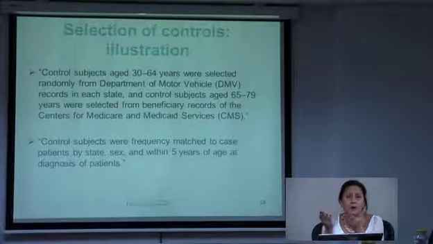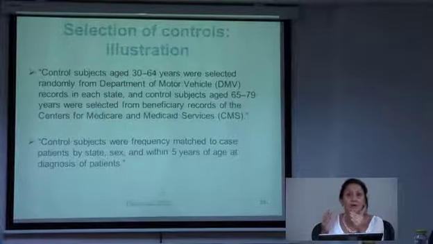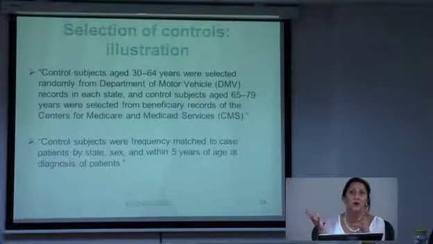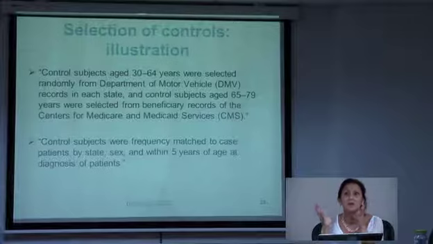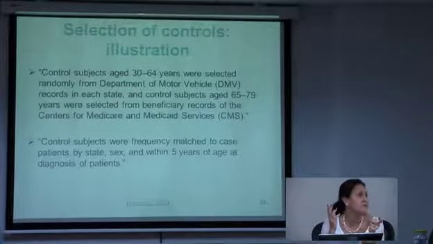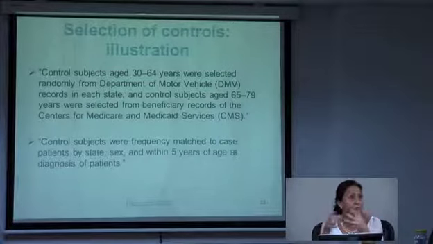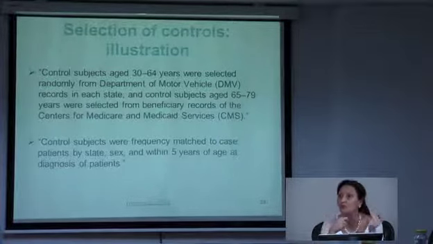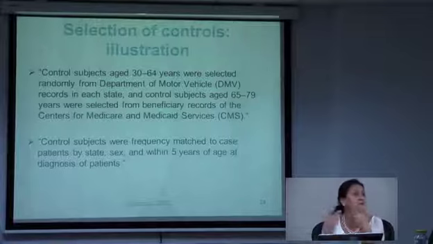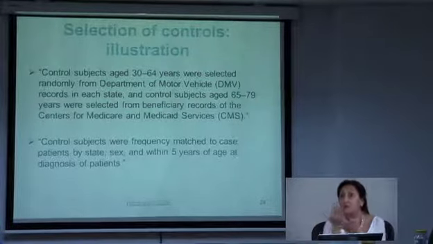So almost, let me not say 100%, but I can say that the overwhelming majority of adults in the US have a driver's license. Even when you go to buy stuff in a supermarket, you don't show your ID, you show your driver's license. It's like the ID that we carry. So for these adults, we have driver's licenses.